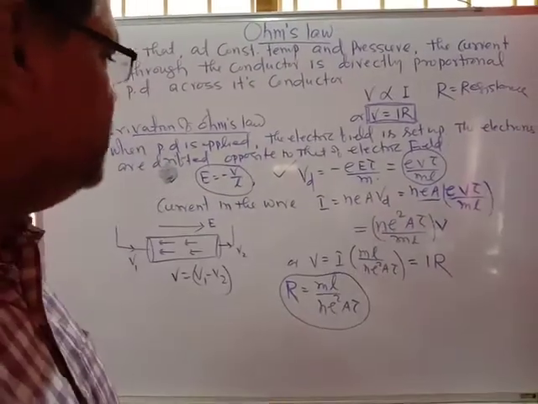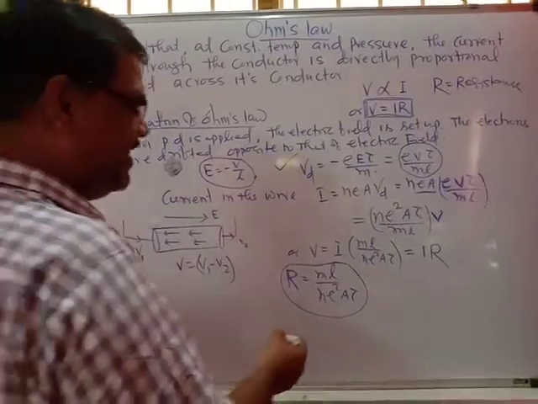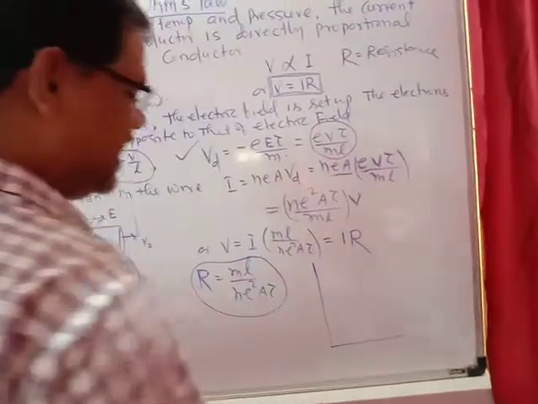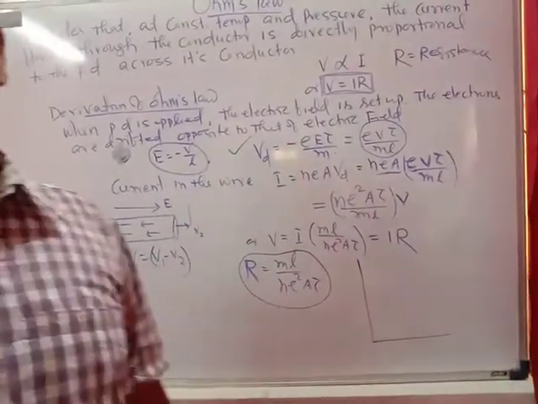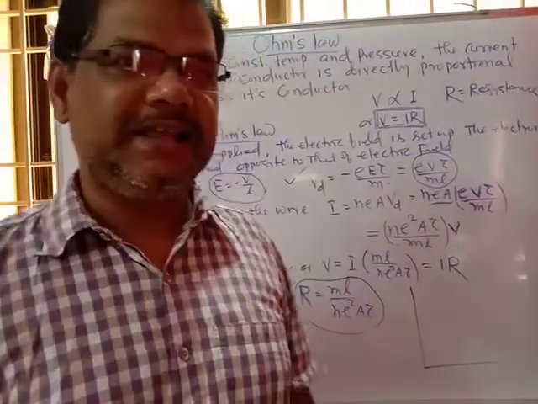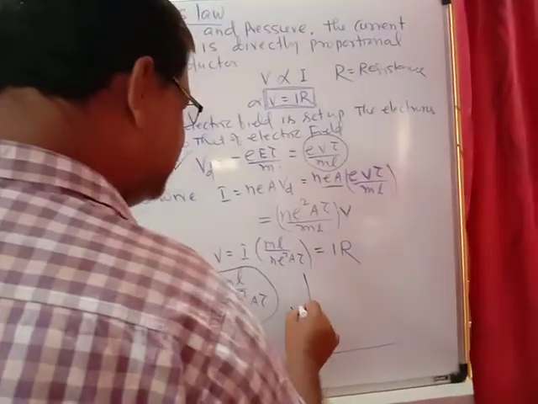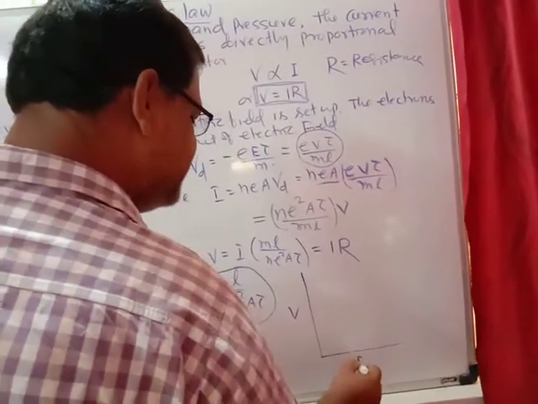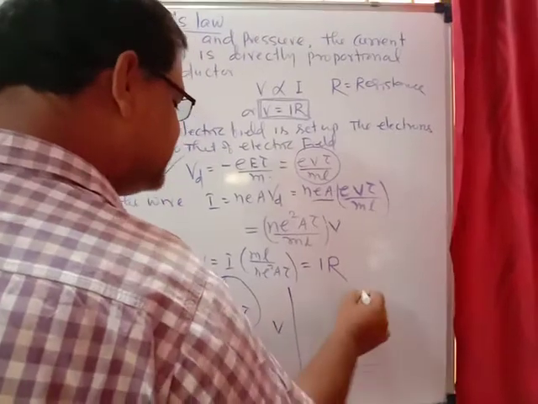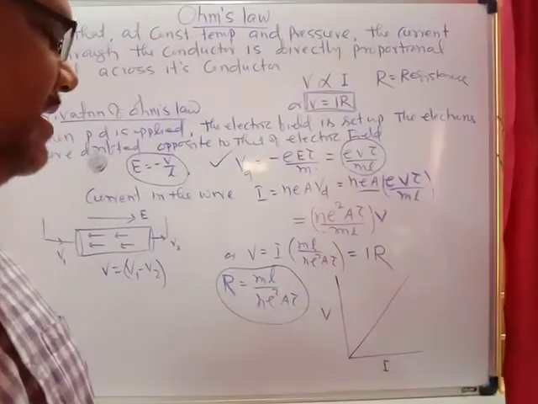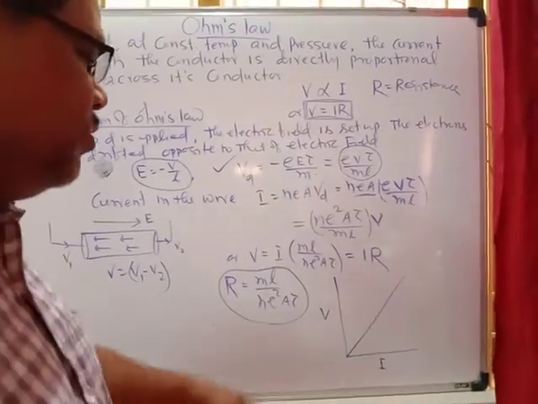From Ohm's law, if you plot the graph between V and I, it becomes a straight line. Suppose V is here and I is here, wherever you take it, the graph becomes a straight line. That is for the ohmic conductor.